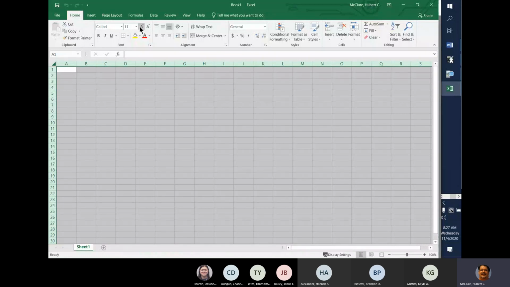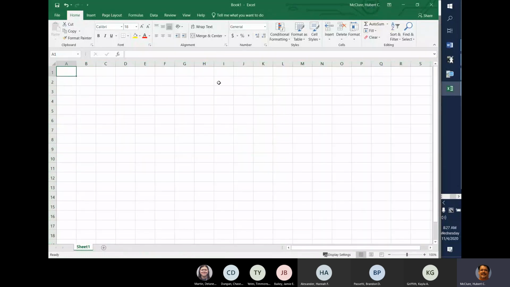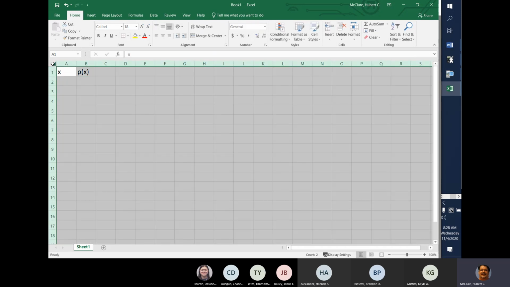I'm going to make it a little bit bigger. I'm going to call this X. I'm going to call this P of X. And make sure everything is centered.